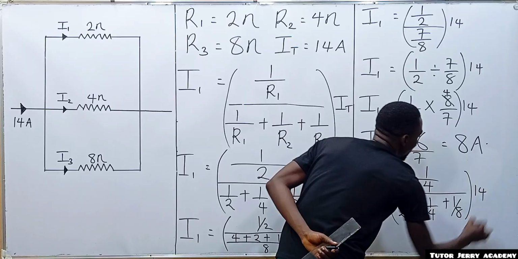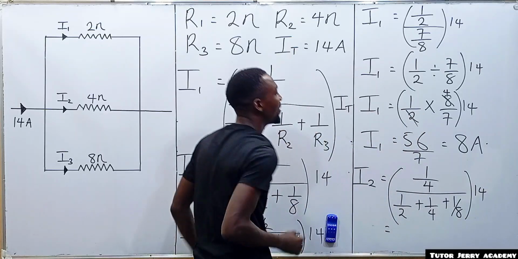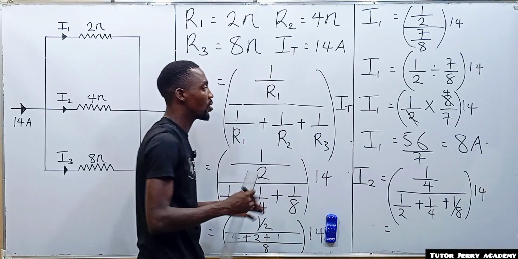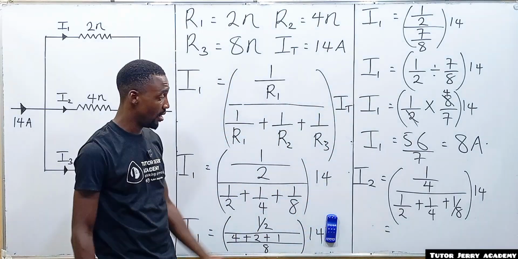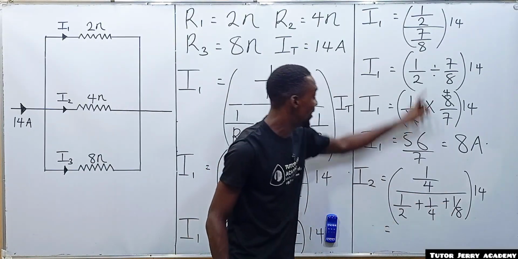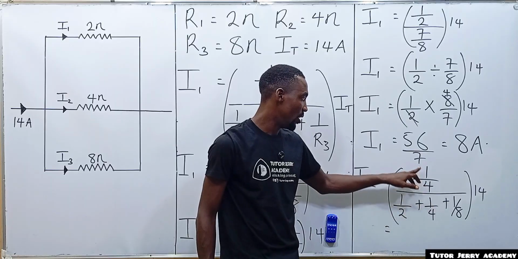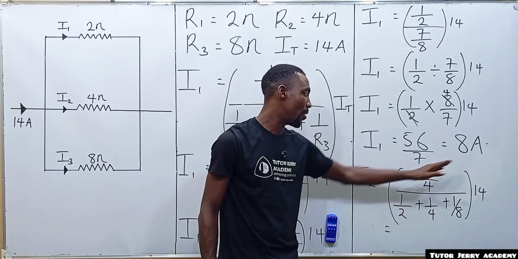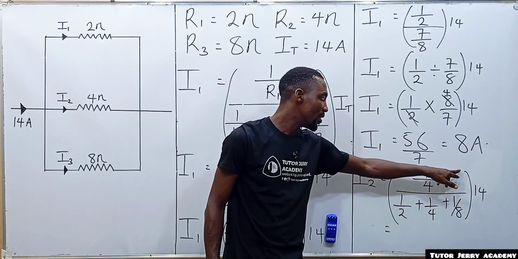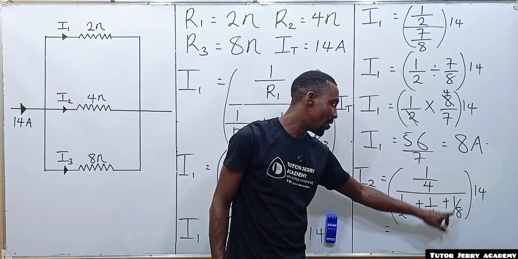So if you press this directly in your calculator, or if you want to solve this, just follow the same process that I used to solve I1. So here I can replace this directly with 7 over 8. So it's going to be 1 over 4 multiplied by 8 over 7. 4 here 1, 4 in 8 is 2. So we are going to have 2 over 7.